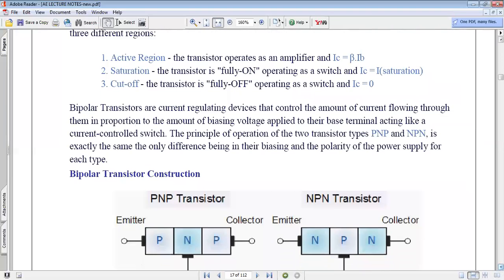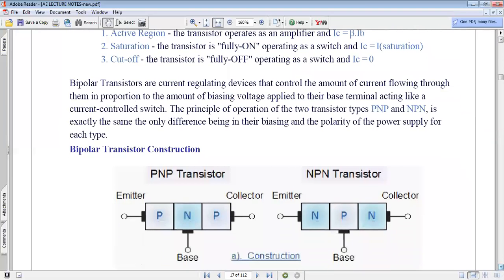Emitter is the leftmost terminal through which the charges are emitted inside the device. Collector is the rightmost terminal at which the charges are collected, and base is the middle region or layer which provides a transition path from collector to emitter. So it provides a base for the transition of charge carriers.